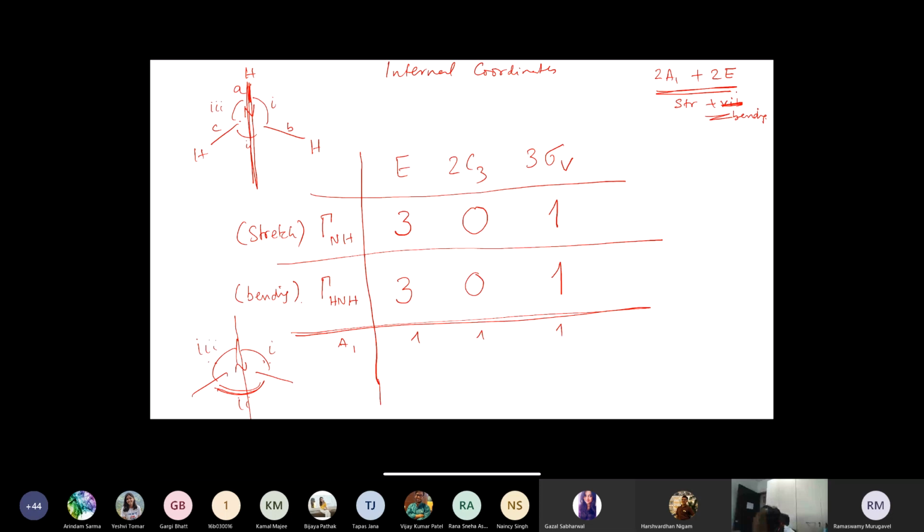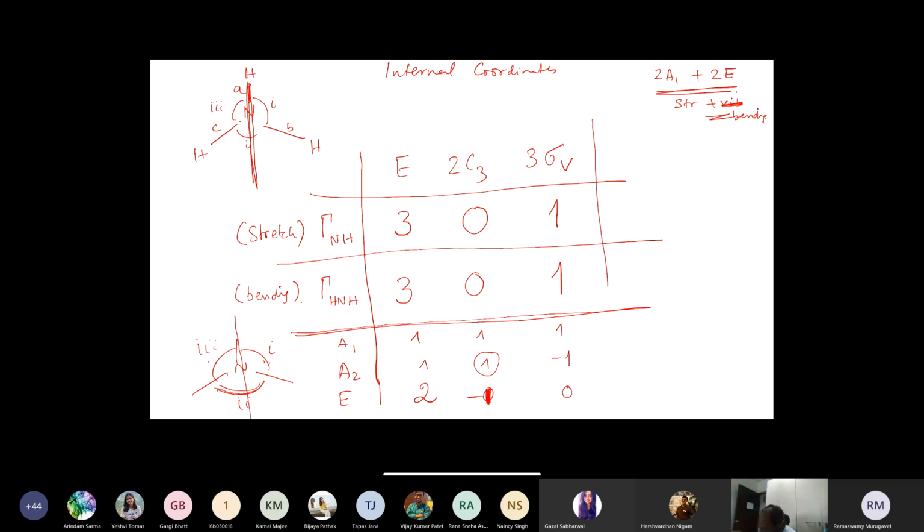A2 is 1, 1, minus 1. Remember that A is always symmetric with respect to the C3 axis, the principal axis, so this cannot be minus 1. So this has to be 1 and this has to be minus 1. And E is, as I said, 2 has to be here. This is 0. I'm sorry, not 0, it's minus 1. And this is 0. Okay, that's the value.